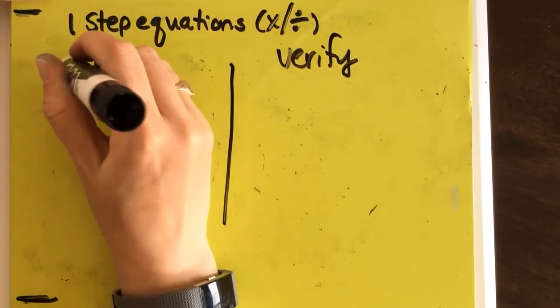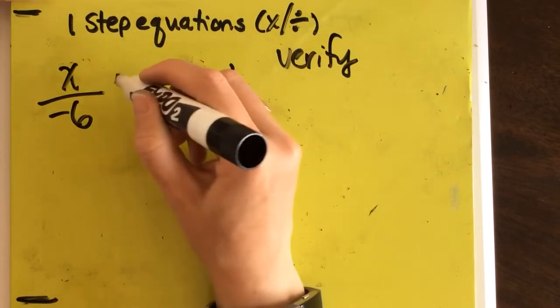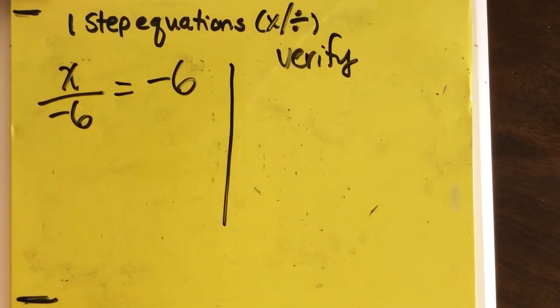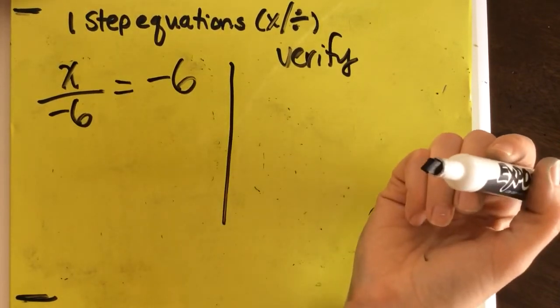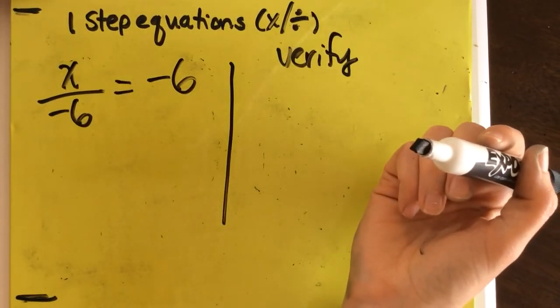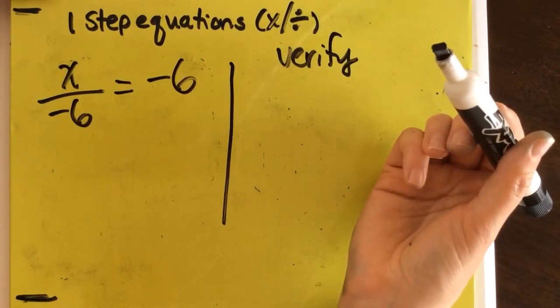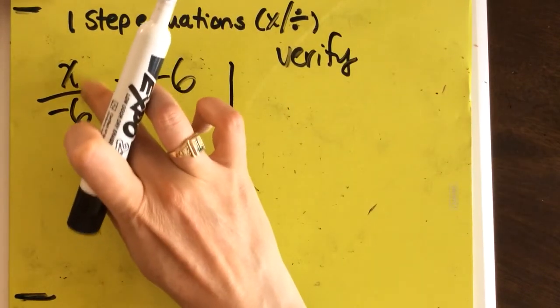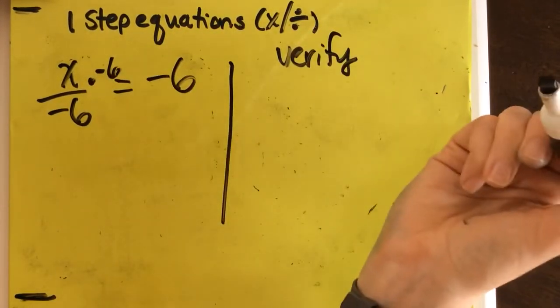All right, we have x divided by negative 6 equals negative 6. So here I am dividing by a negative 6. I want to get rid of that divide by a negative 6 so that x is by itself. So we do the inverse. The inverse, or the opposite of dividing by negative 6, is to times by negative 6.